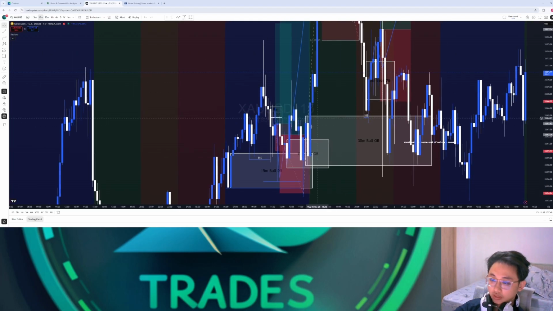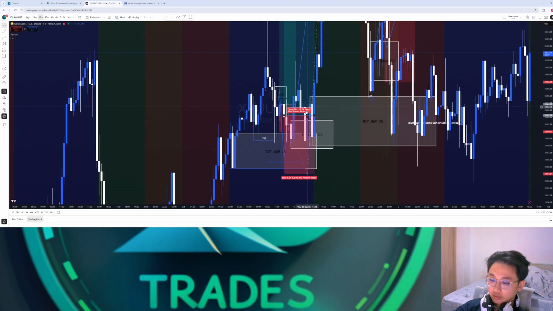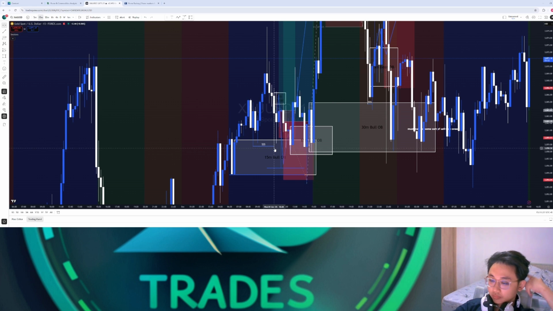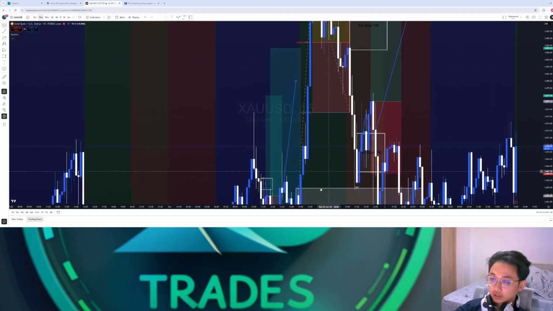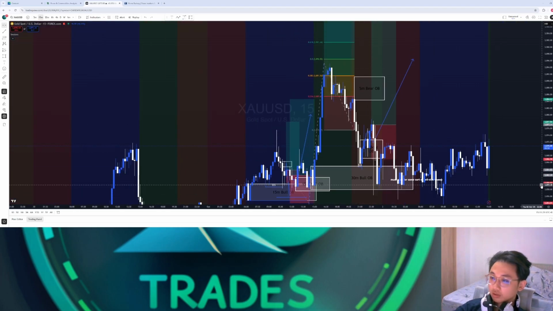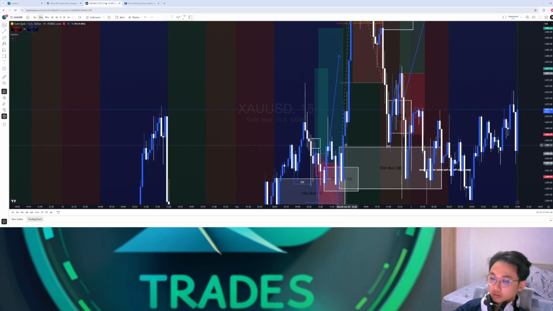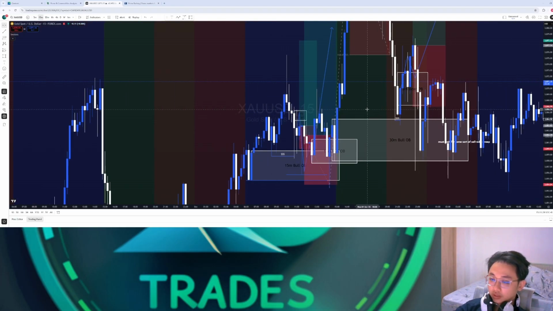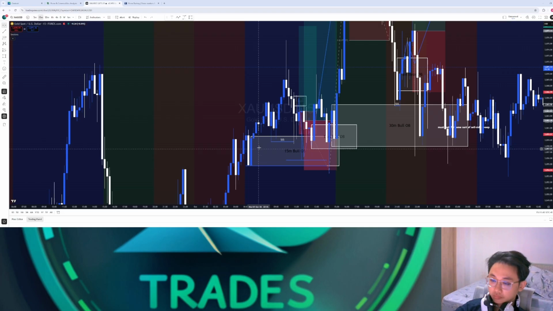And yeah, even after all this manipulation, price manipulated a second time, right? I guess if you count this as a manipulation, 1, 2, 3, it did 3 manipulations before pumping all the way to the upside.